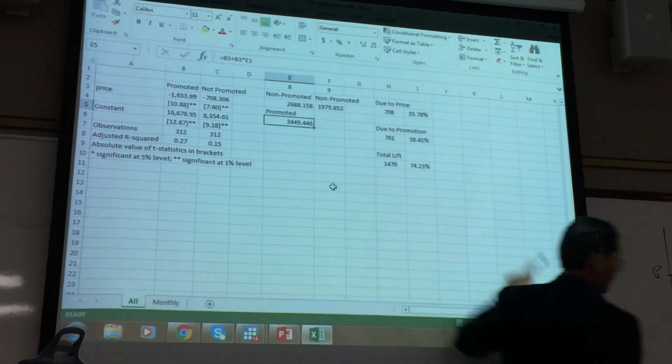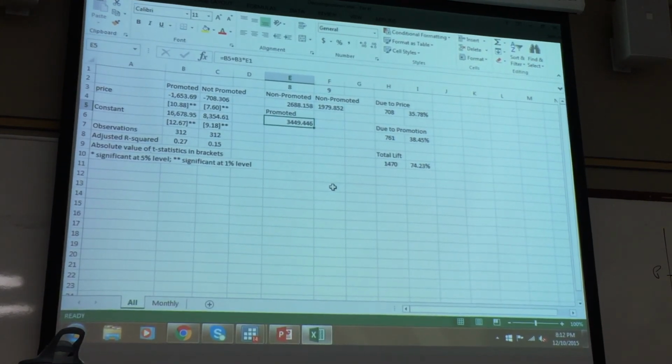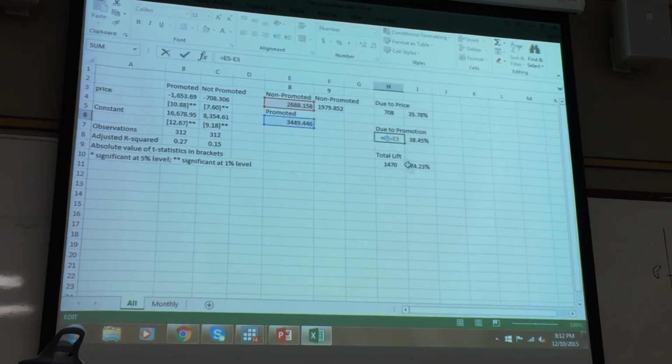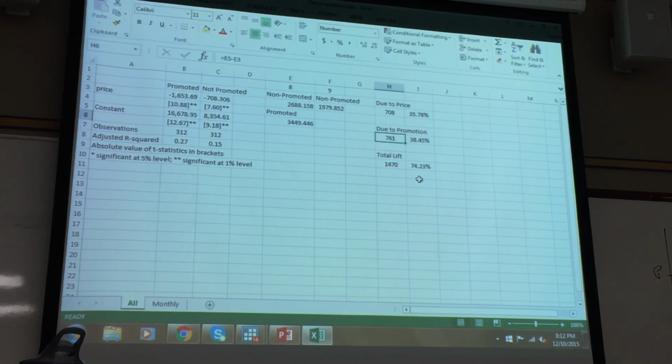And that's that term right there, the 761 cases. So, in this case, we have a total lift of 74%, but roughly half of it, or 38%, is due to promotion and 35% is due to price.